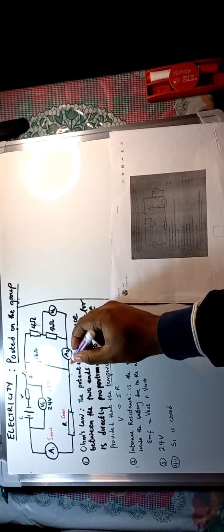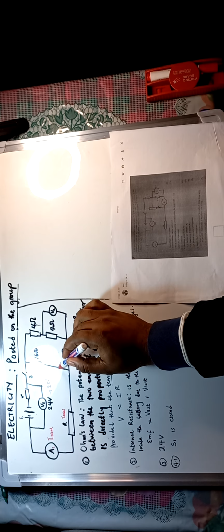But by the time it gets here, some of the current will pass here and some will pass here, because there is a branch there. Remember, the conventional current flows from the positive to the negative.